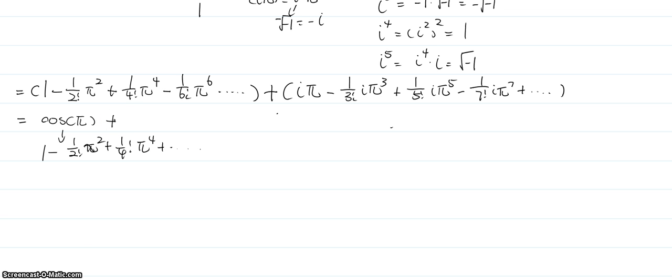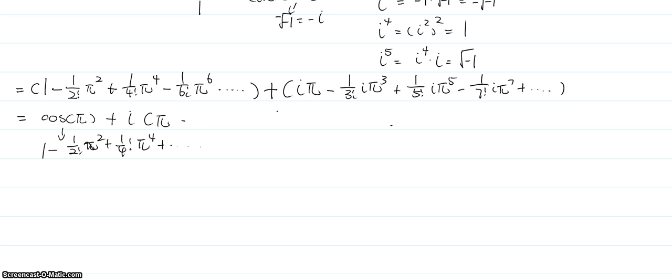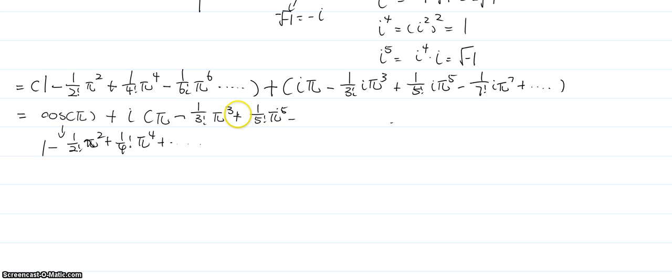And for the second group, notice that there was an i in front of every single term. So I just take out the i in front, and what's left looks like pi minus 1 over 3 factorial pi cubed plus 1 over 5 factorial pi to the 5th minus 1 over 7 factorial pi to the 7th.